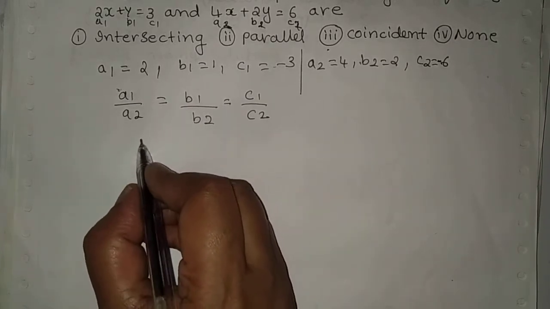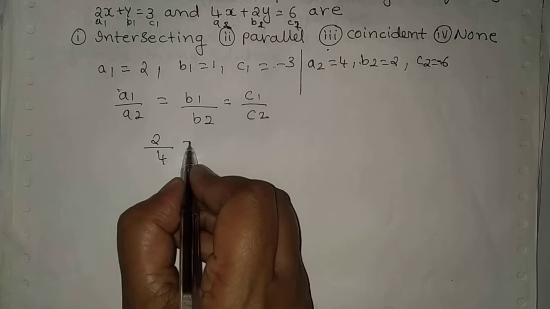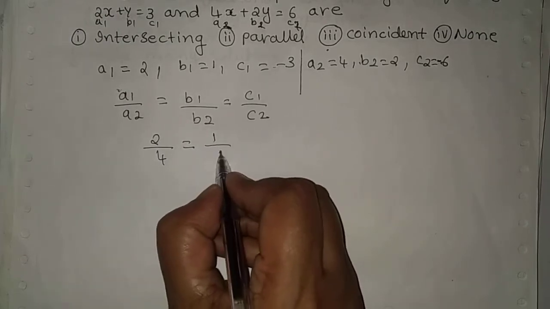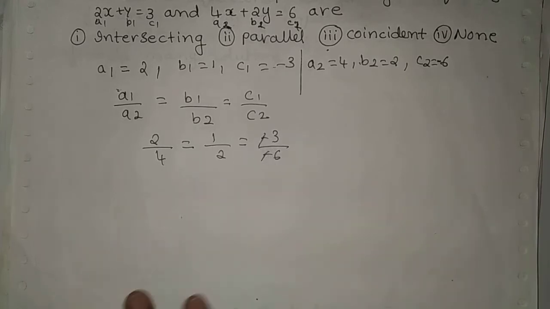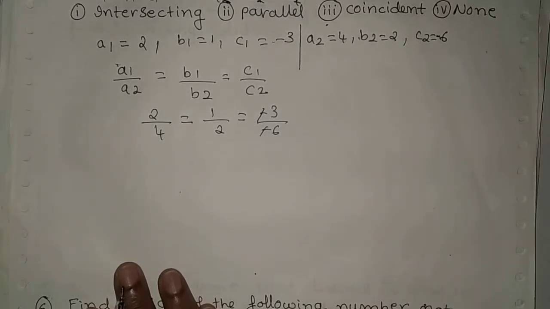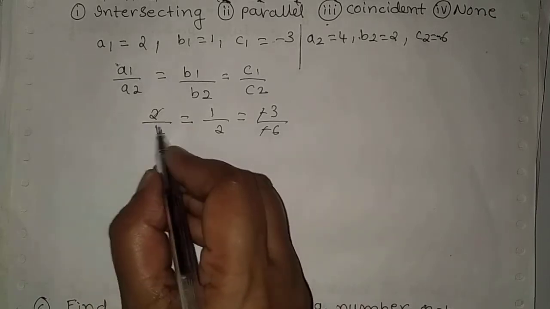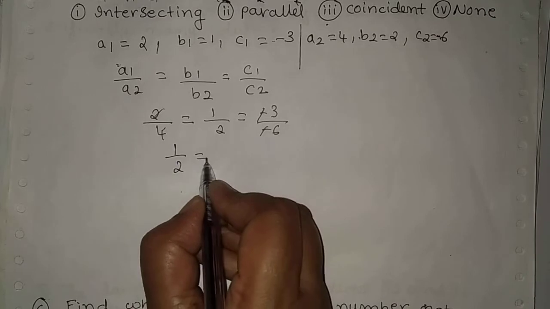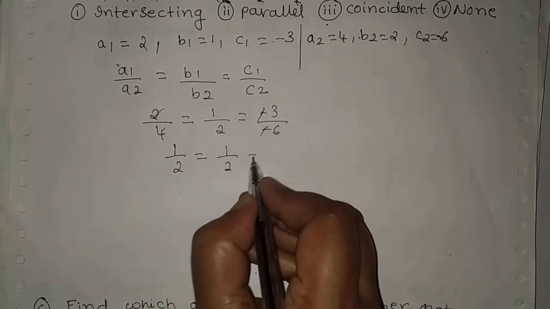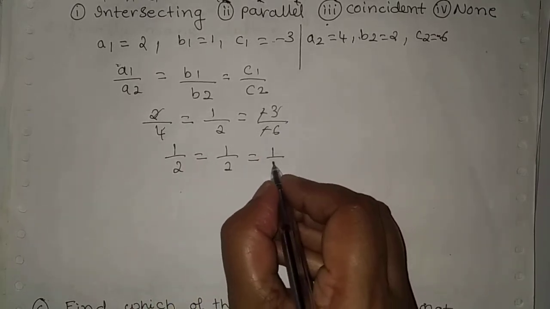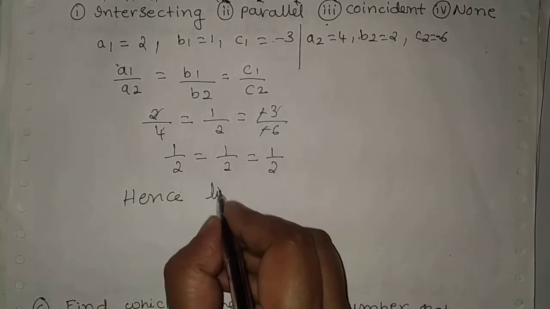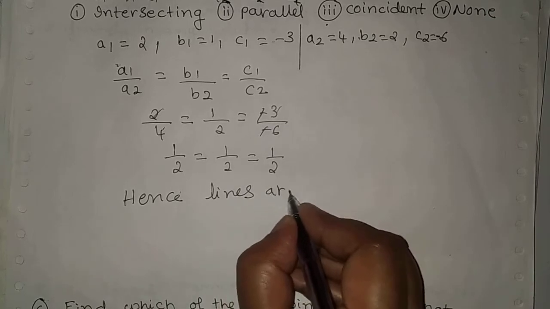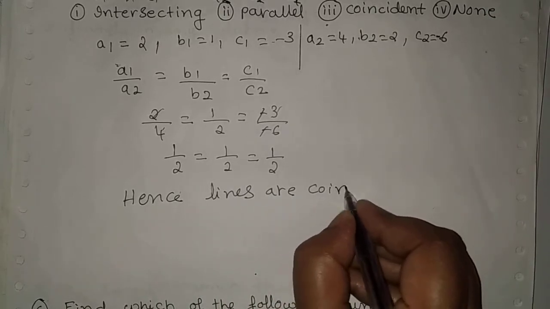Now we will substitute: 2 by 4 is equal to 1 by 2 is equal to minus 3 by minus 6. So cancel: 1 by 2 is equal to 1 by 2 is equal to 1 by 2. Hence, what is the conclusion? Hence, the lines are coincident.